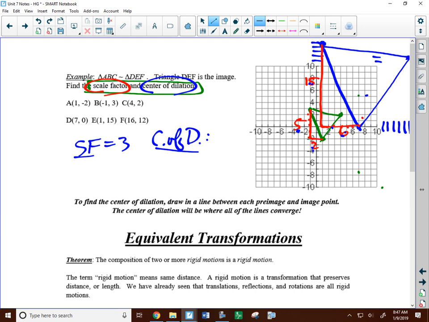Well, just imagine you have one. You take out your straight edge and you connect the points that match up. So this point and this point were ones that matched up. And so I'm going to make a line through those and extend it down.